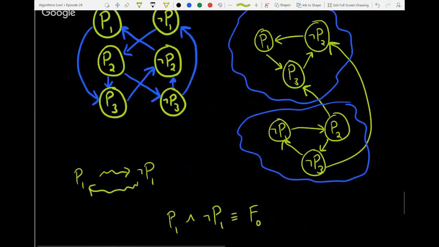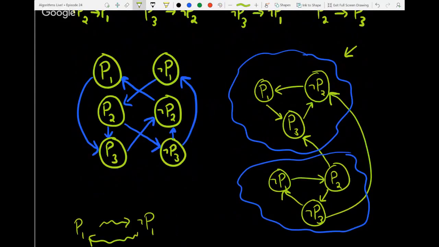So we have our metagraph right here, just like we were doing in the strongly connected components episode, and just go in reverse topological order and extract these nodes. And so for this strongly connected component, we would just say P1 is true, not P2 is true, and then P3 is true.